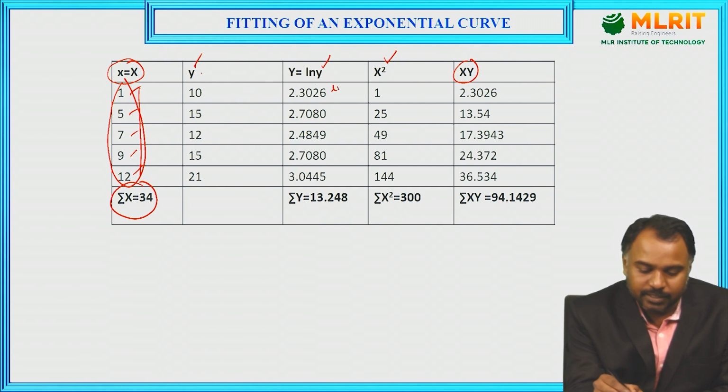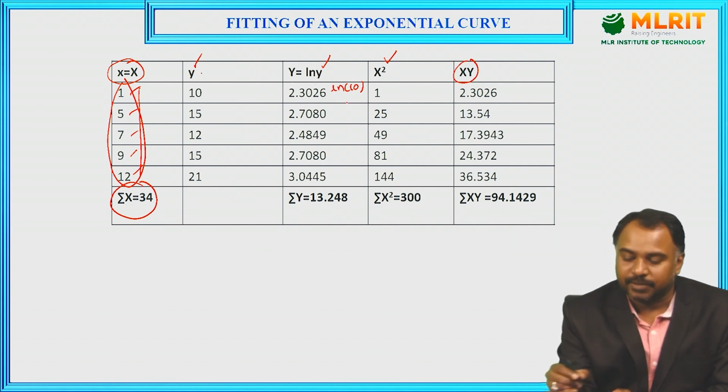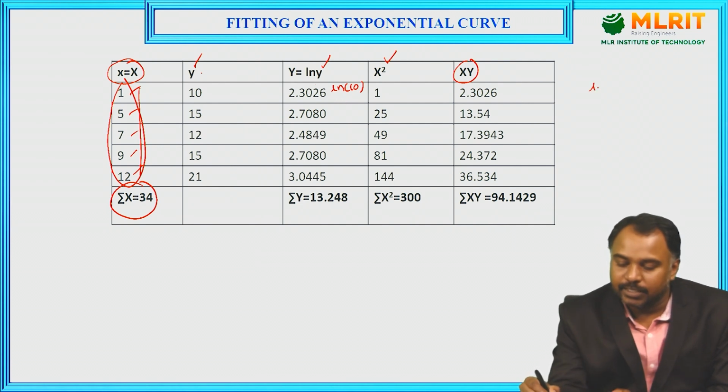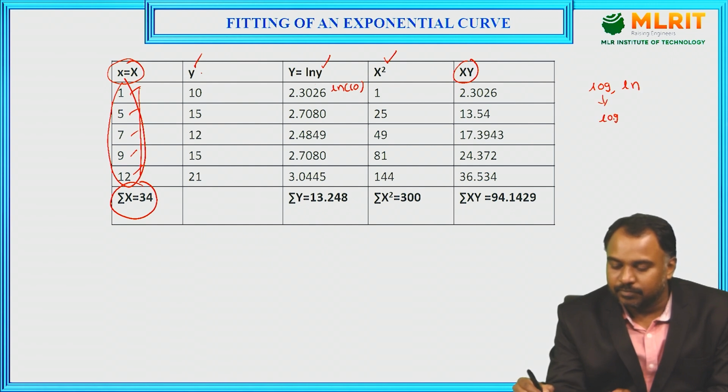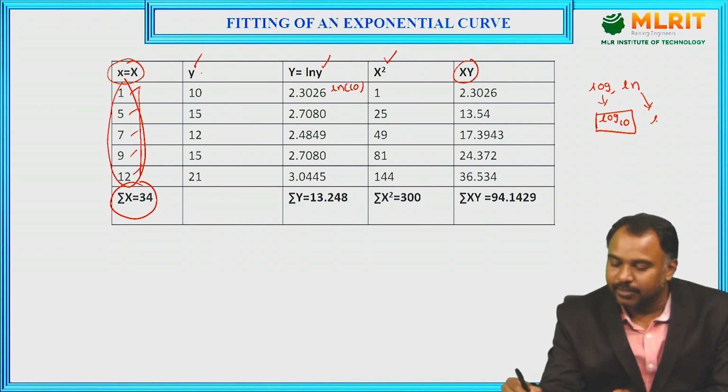So ln of 10. Just use a scientific calculator. The calculator usually has two forms, log and ln, where log is base 10 and ln is log with base e, the natural logarithm.